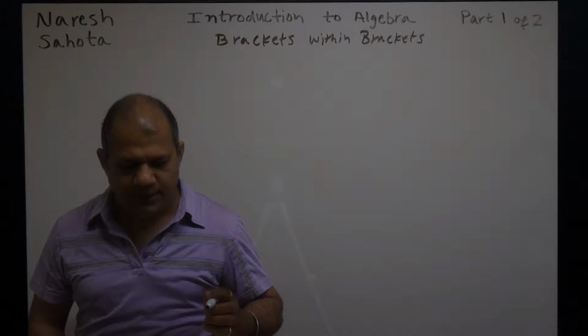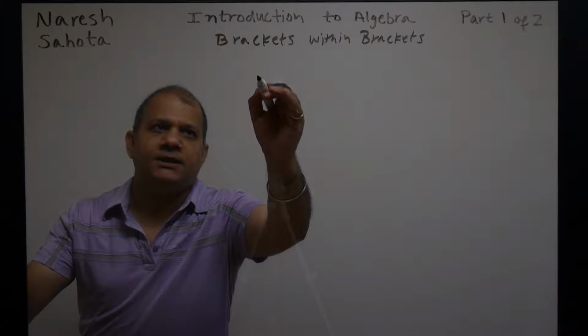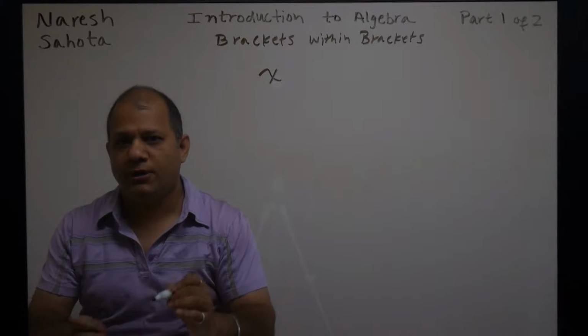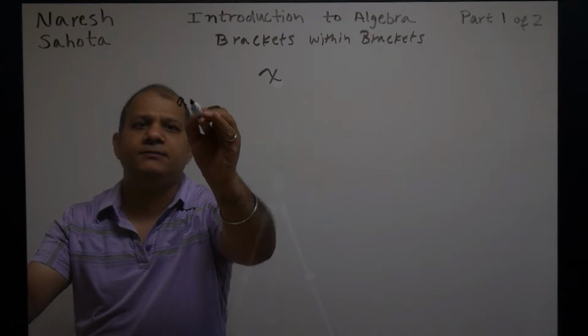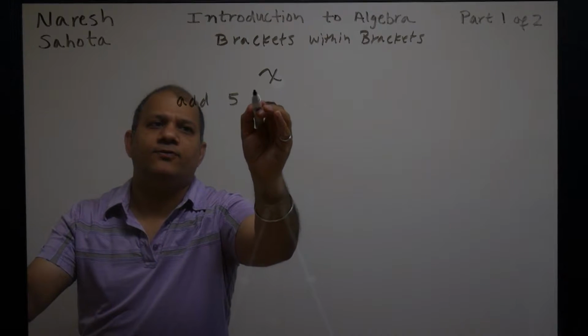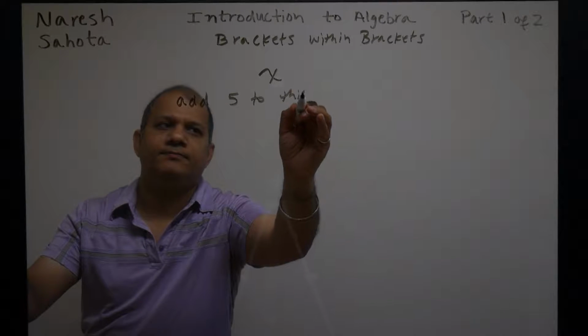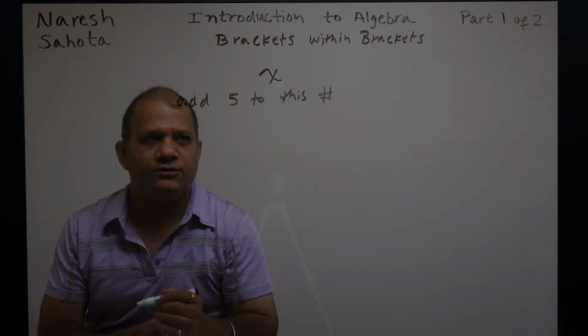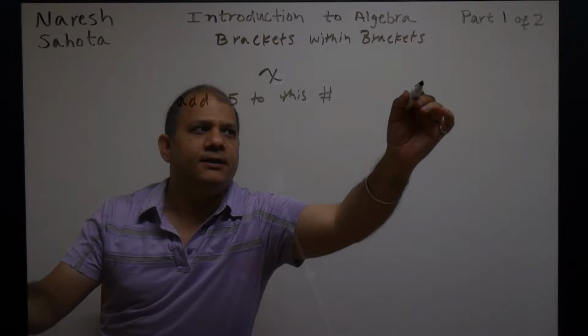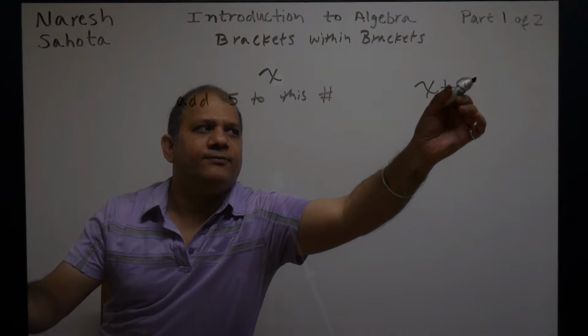An example would be if I say, let's say we have an unknown number x, and let's say we add 5 to this number. So how do we write that mathematically? That expression would be x plus 5.